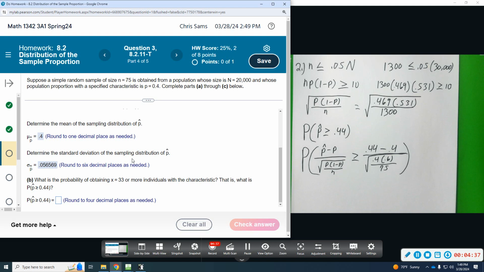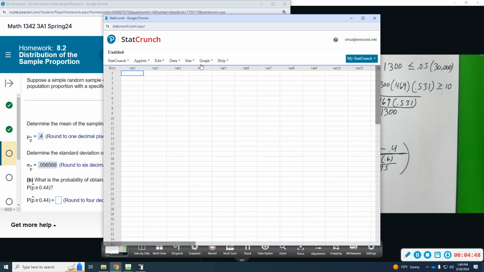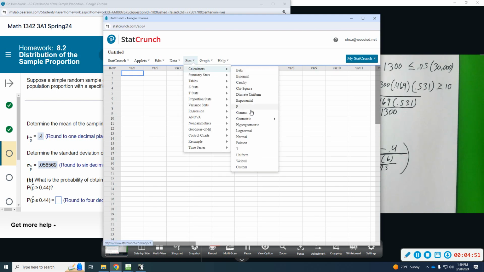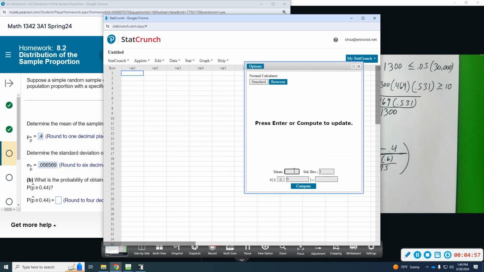However, I'm going to go from here and do it with StatCrunch and just plug in these numbers. So, StatCrunch, stat, calculators, normal distribution, greater than. The mean is 0.4, the proportion.